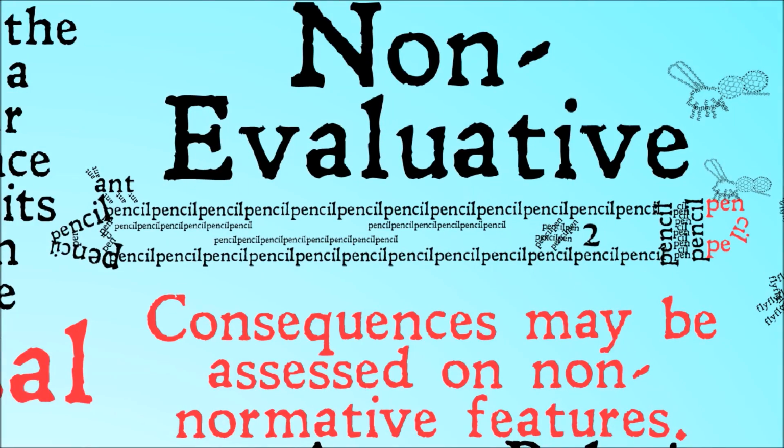That's contrasted, of course, with non-evaluative consequentialism, which is going to say that consequences may be assessed on non-normative features. That's not saying they have to be, or that non-normative features are the only features we're going to assess them on, but some of the features can be non-normative. Some of the features could have to do with other features of the world that we might want or think are important, but we wouldn't count as kind of good or bad.